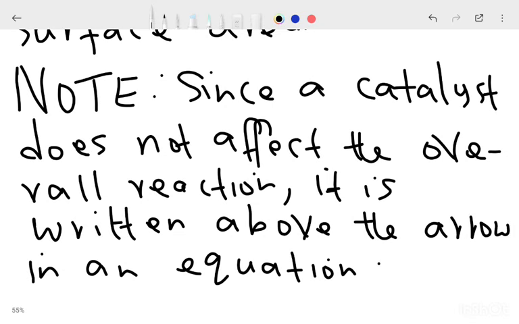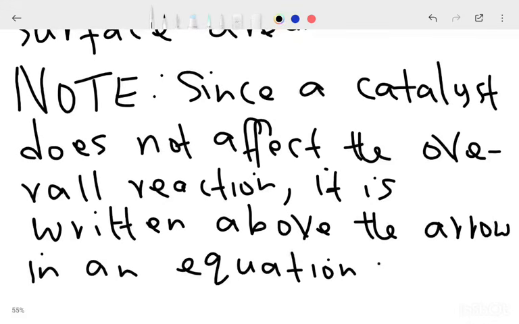Now, number three: a catalyst is specific in action. A given catalyst will act on only one particular reaction. The main purpose for which you are adding that catalyst is what it will function for.